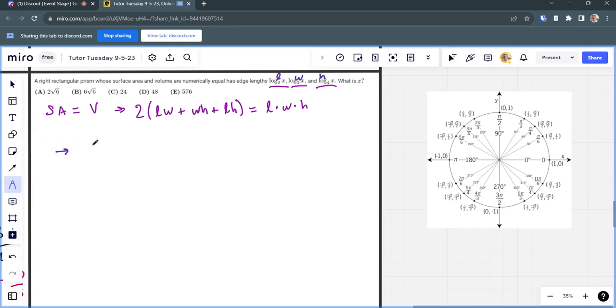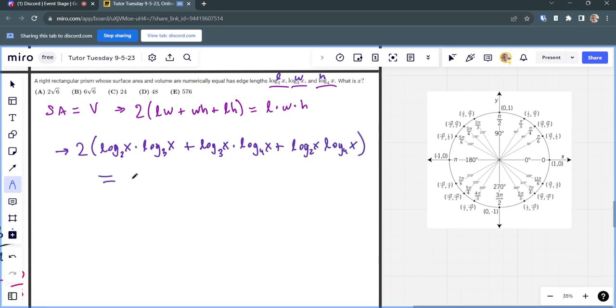But we would get 2 times log base 2 of x times log base 3 of x plus log base 3 of x times log base 4 of x plus log base 2 of x times log base 4 of x.